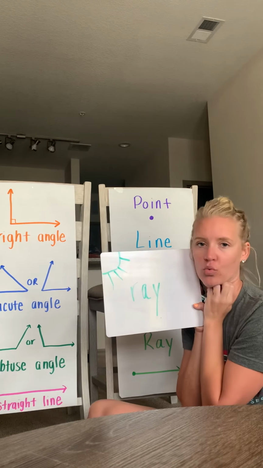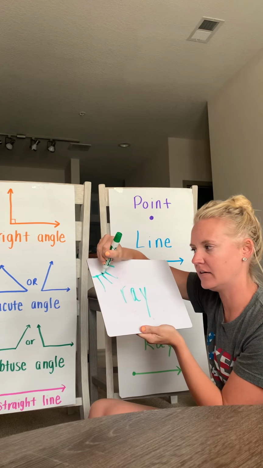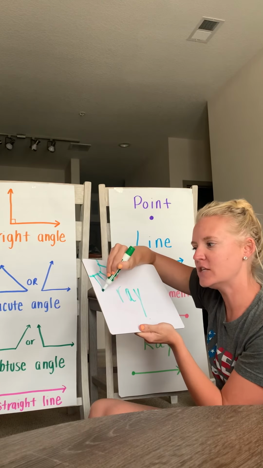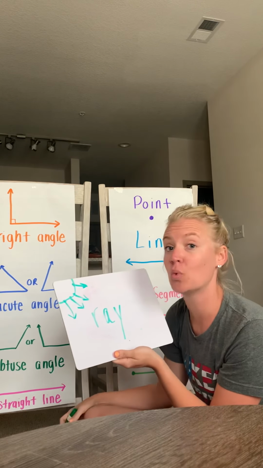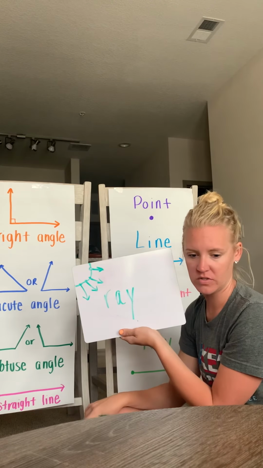Those lines are called rays. You'll notice that they have an endpoint right here on the sun. But these rays go on forever. So think about the sun's rays because they stop here and they go on forever. So that is a ray.